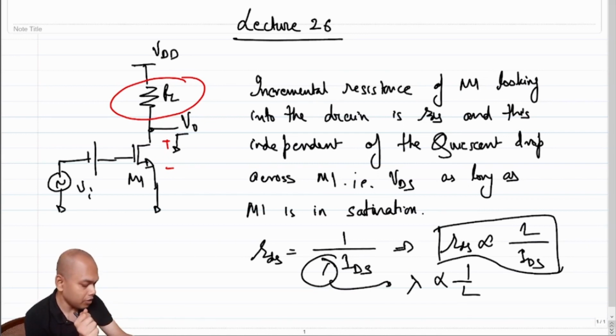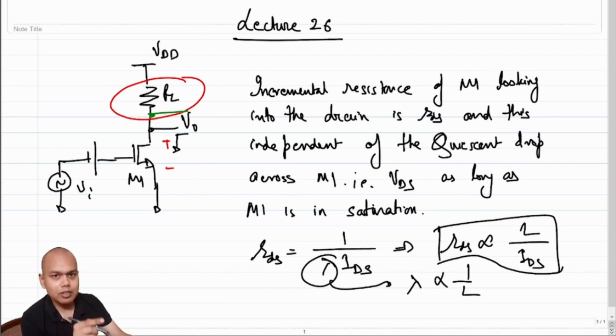However, we were trying to figure out if we can replace RL with another transistor whose drain will be located at V0, and note that the drain has to be at a lower potential, right?